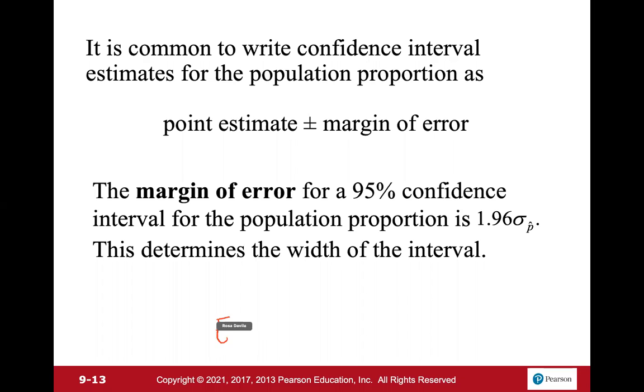This is only for a 95% level of confidence, so let's simplify it and just say it is the critical value for the normal distribution times the standard deviation, which, if you remember from the previous slide, is the square root of p hat times (1 minus p hat) divided by n.